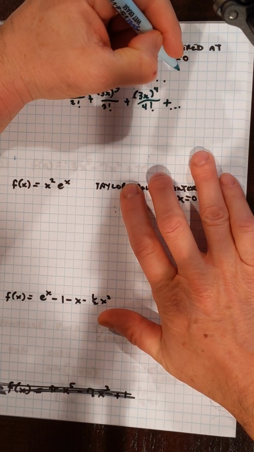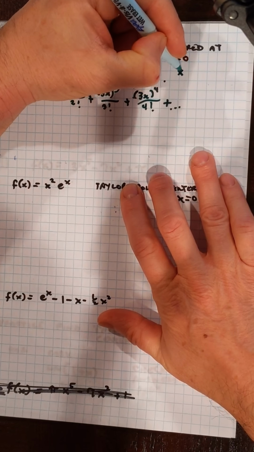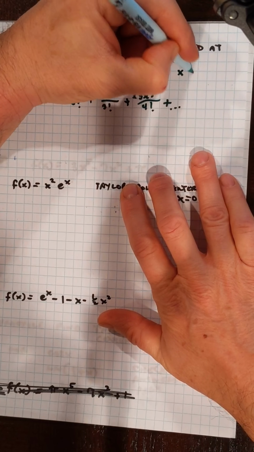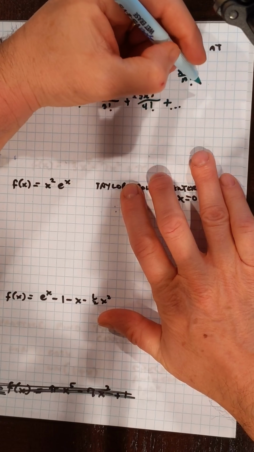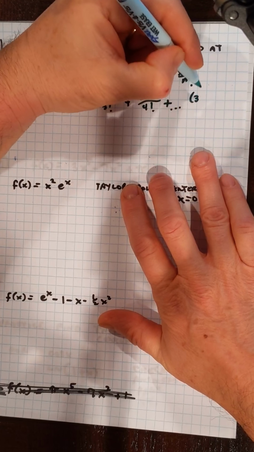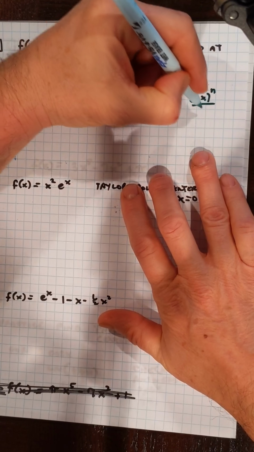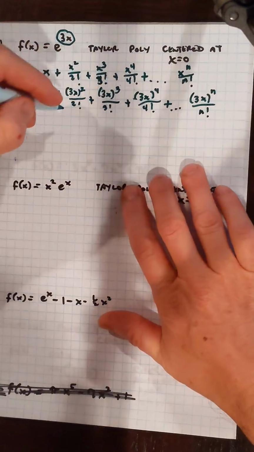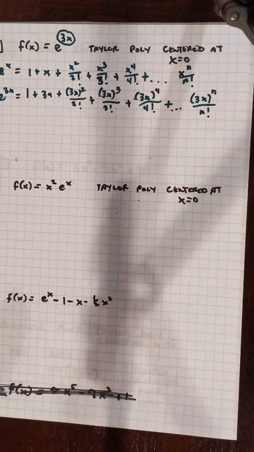This nth term here was x to the n over n factorial. So this one becomes 3x to the n over n factorial. And all I have to do is slap the summation around it and I'm good to go.